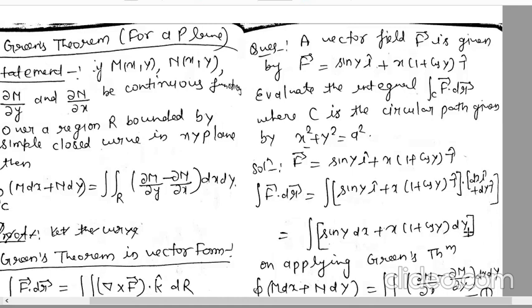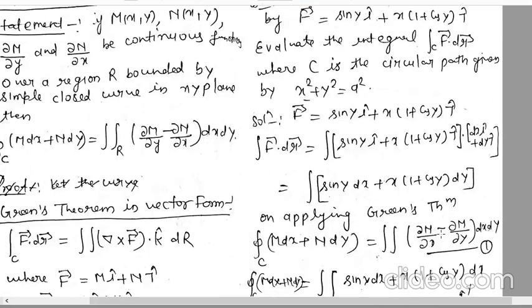So i dot i is 1, giving sin y dx, plus j dot j is 1, giving x(1 plus cos y) dy. Now you can see that this is the same form as the left hand side of Green's theorem, with a single integration on both. M dx means sin y dx, so M is sin y, and N dy means N is x(1 plus cos y).